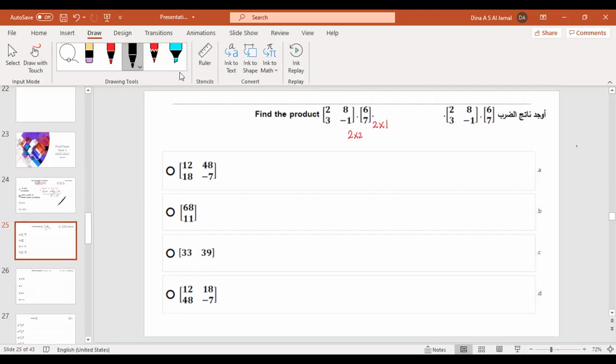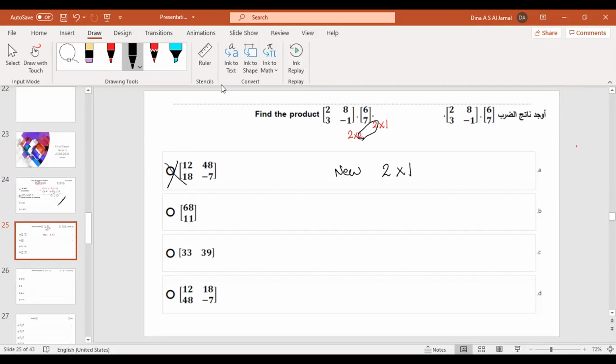And for the product, what I care about is the inner dimension. I'm having equal inner dimension. That means my new matrix will be 2 by 1, that means 2 rows, 1 column.